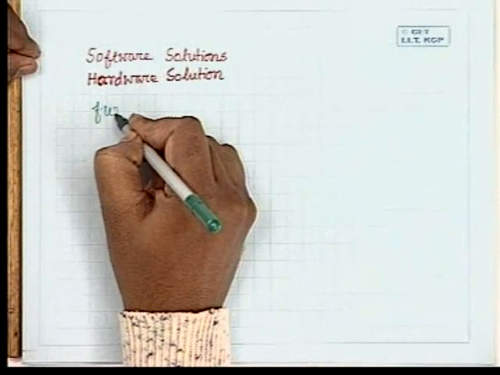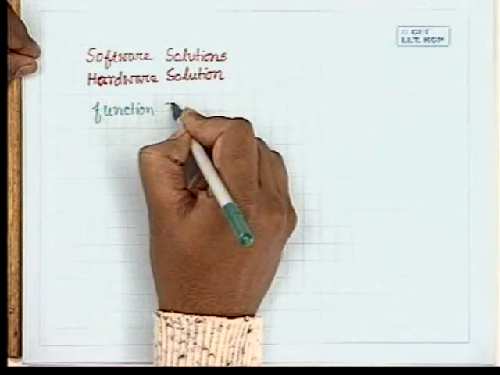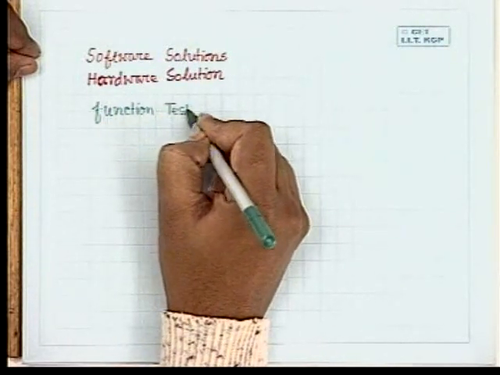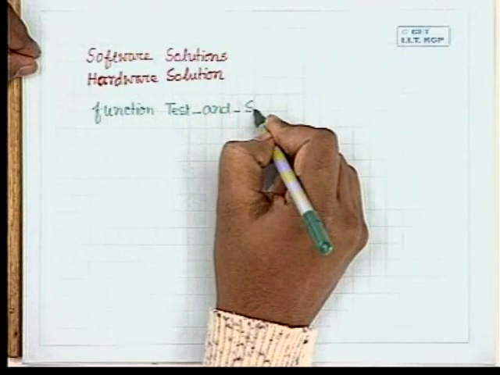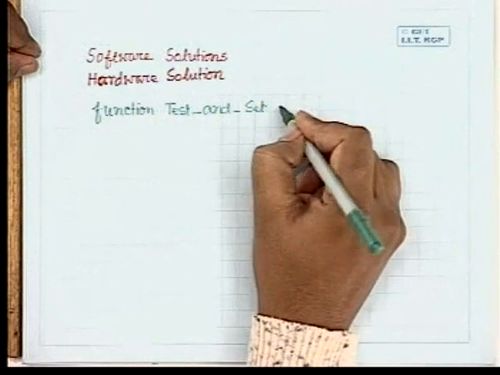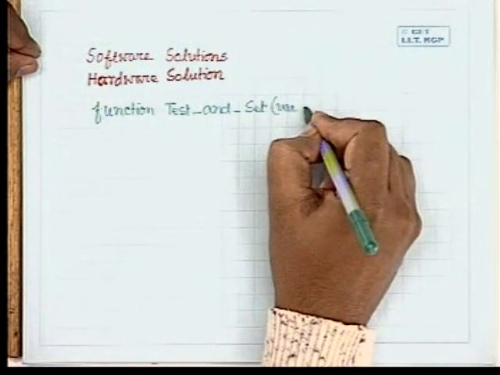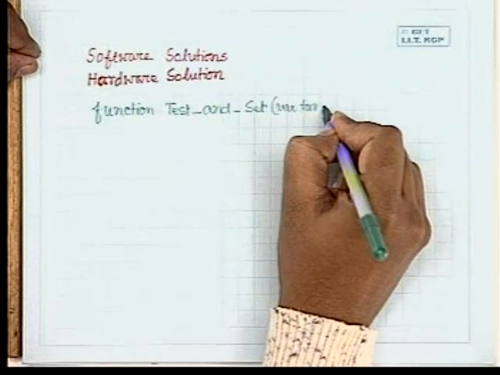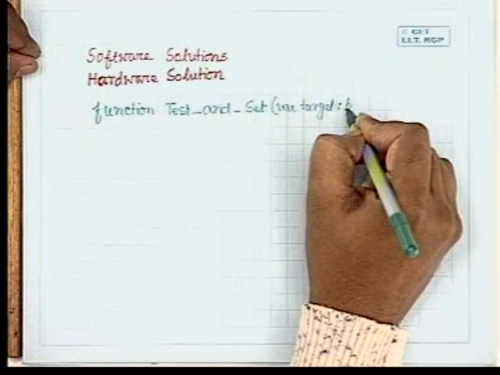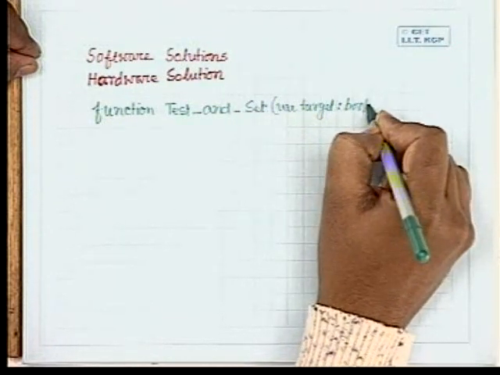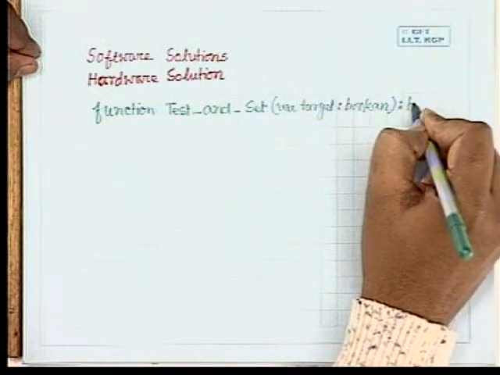Okay. So it is something like this. We can declare this as a function test and set, and this works with a Boolean argument. Let us call the argument target, which is of type Boolean, and this function itself returns a Boolean value.